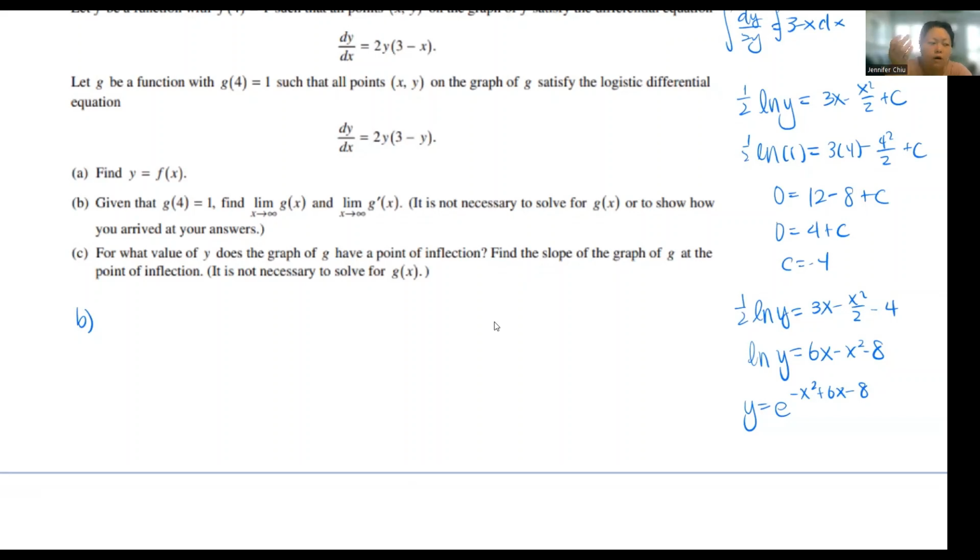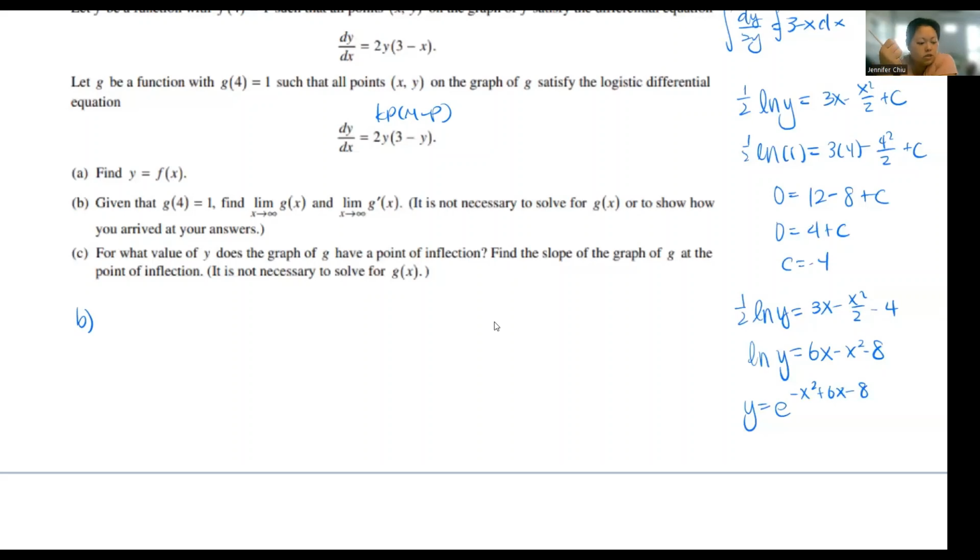If you recall, the logistic equation has the formula dy/dx = k·p·(m - p), where k is the rate at which the growth is happening and m is your carrying capacity.